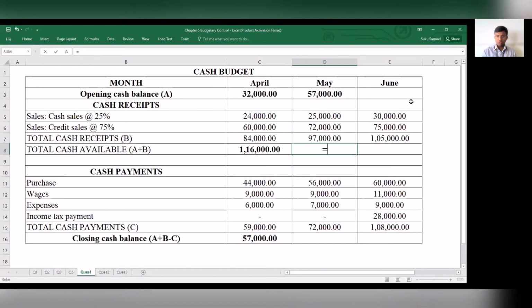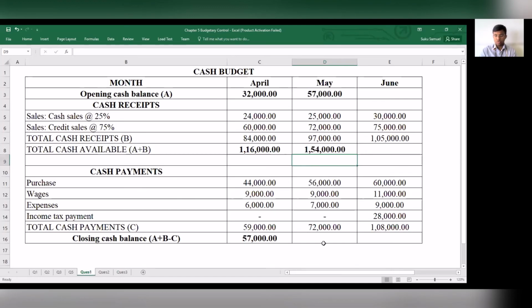Now we have to calculate the total cash available, which is 57,000 plus 97,000, which makes it 1,54,000. So 1,54,000 is the total cash available in the month of May.